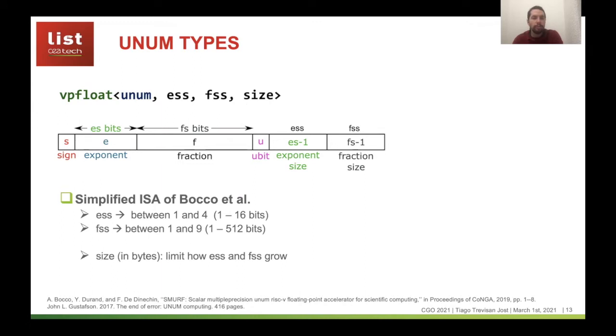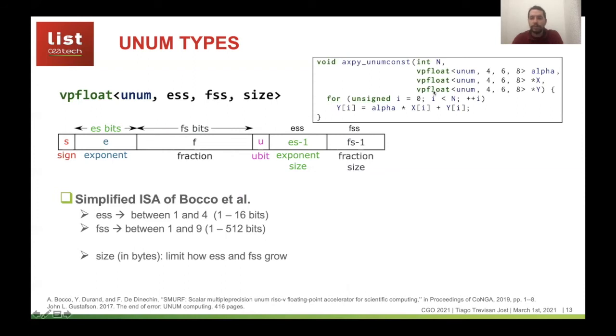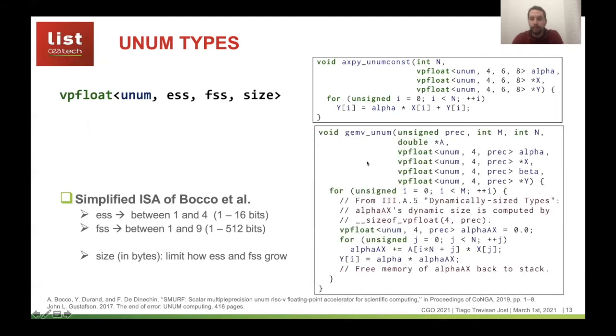We also propose a size field that actually limits how ESS and FSS grow. So this is an example of an AXPY function being implemented with a UNUM type with 4 ESS, 6 FSS, and 8 bytes of size. And this is the GEMV function being implemented with FSS being the value of prec.